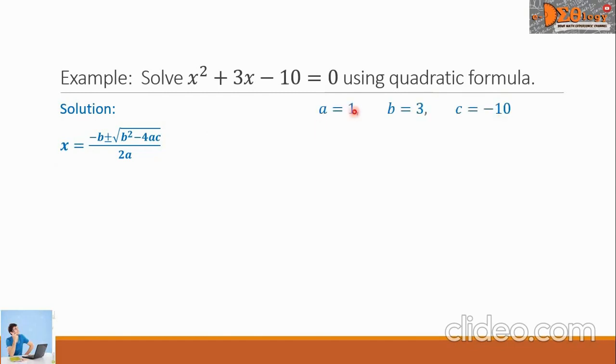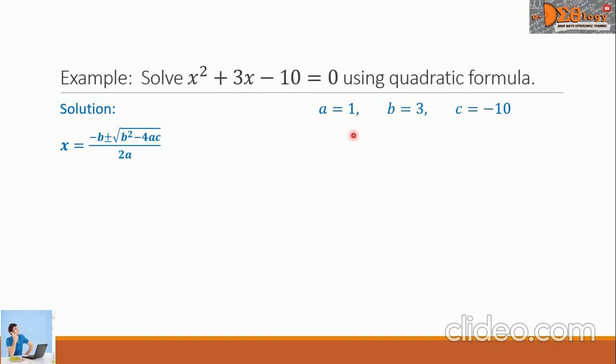First, let us make sure that our problem is in standard form, and it is. Now, we are ready to collect the values for a, b, and c. The a is the coefficient of x squared, and that is equal to 1. b is the coefficient of x, which is positive 3. And c is the constant, and we write here negative 10.